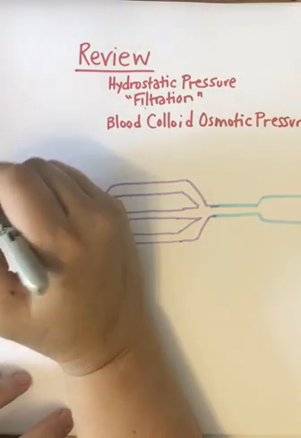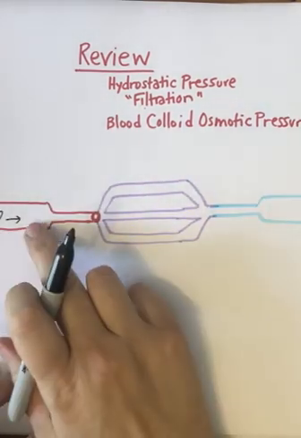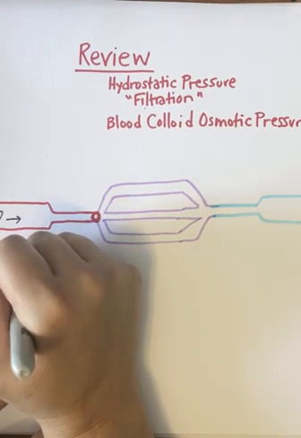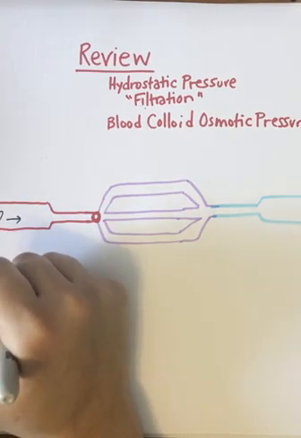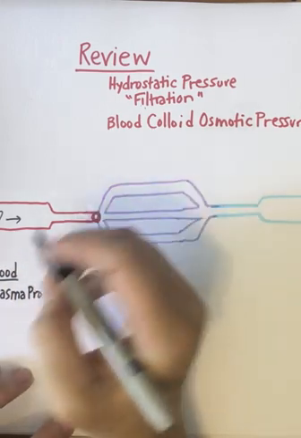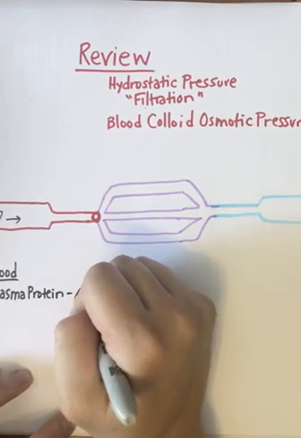Now, one thing that we do need to review is your blood. Inside of your blood is going to have the plasma proteins. And your plasma proteins that are most important for hydrostatic pressure when reviewing this is albumin.